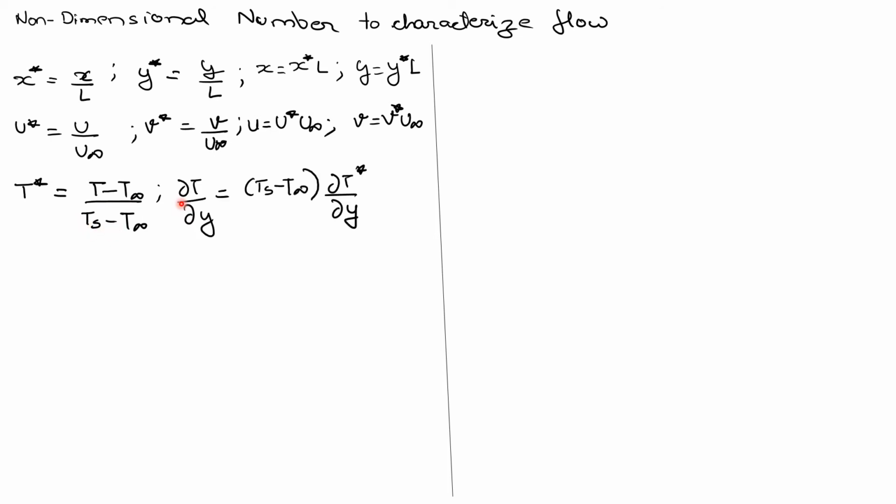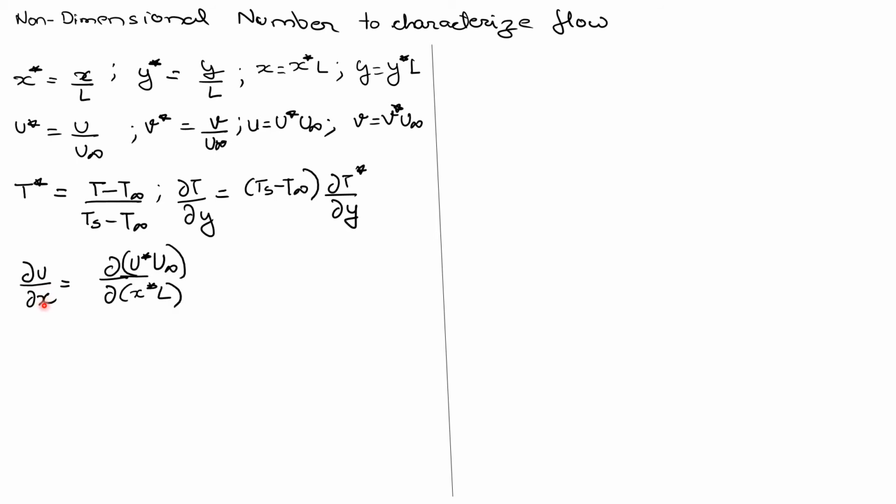Okay. Now, what will our del T by del y be? Our del T by del y will be nothing but T minus Ts. So we take this on the left hand side, Ts minus T infinity times del T star by del y.